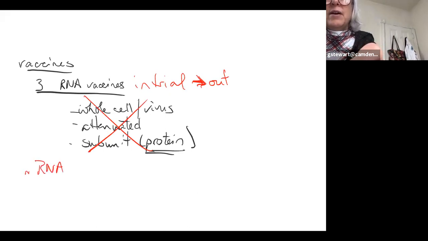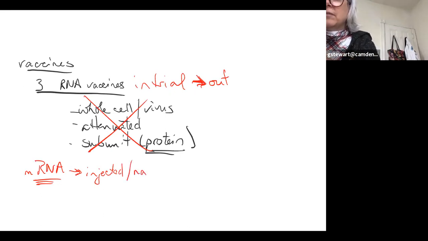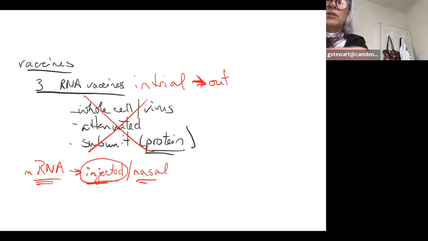So it's tons and tons of messenger RNA that is going to get injected, or I'm not sure, it might be a nasal squirt like the flu vaccine, because that's where the cells are, but it's probably going to be injected. I'm sure there's both versions.